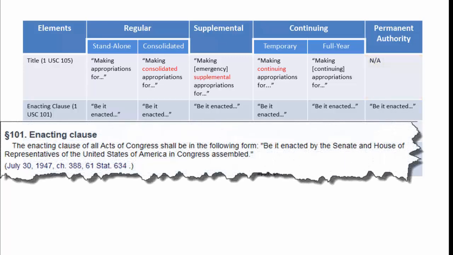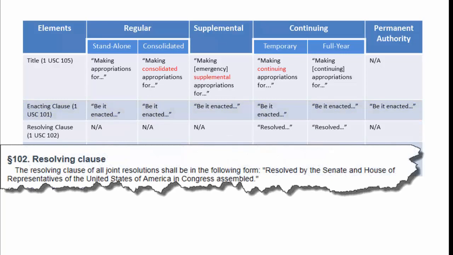However, the enacting clause requirement in the Dictionary Act applies to all acts of Congress. Since permanent appropriations occur in an act of Congress, this requirement still applies. Since a joint resolution is typically not used for permanent appropriations, a resolving clause would not apply.